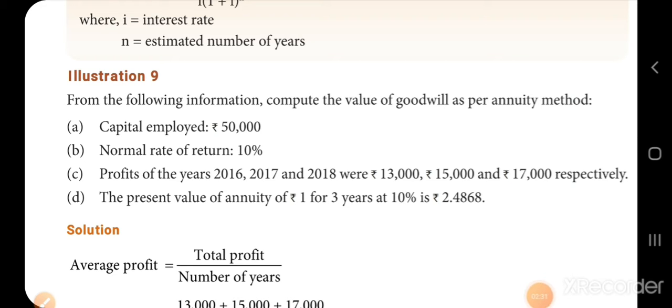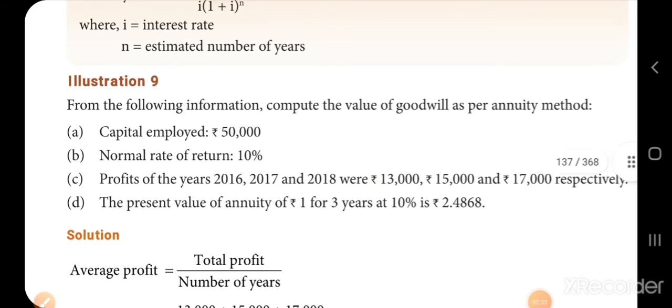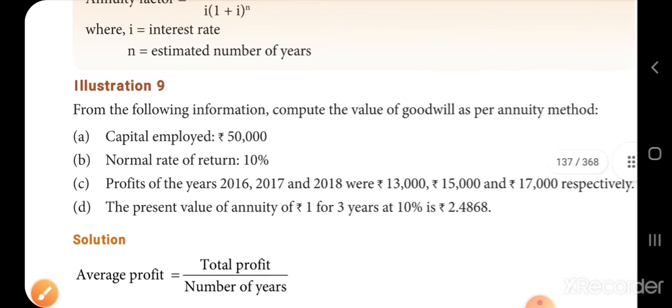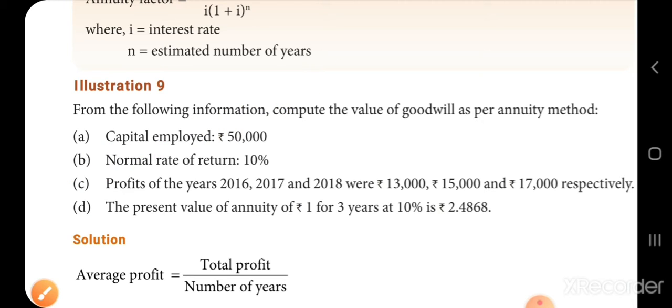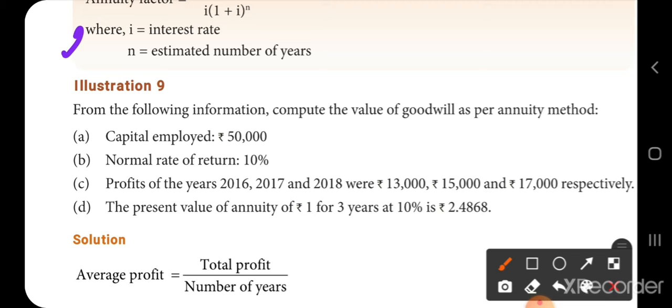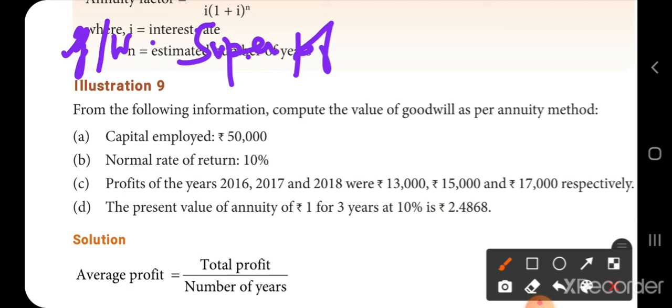Now, goodwill. To calculate goodwill under the annuity method, what is the formula? Goodwill is equal to super profit into value of annuity.